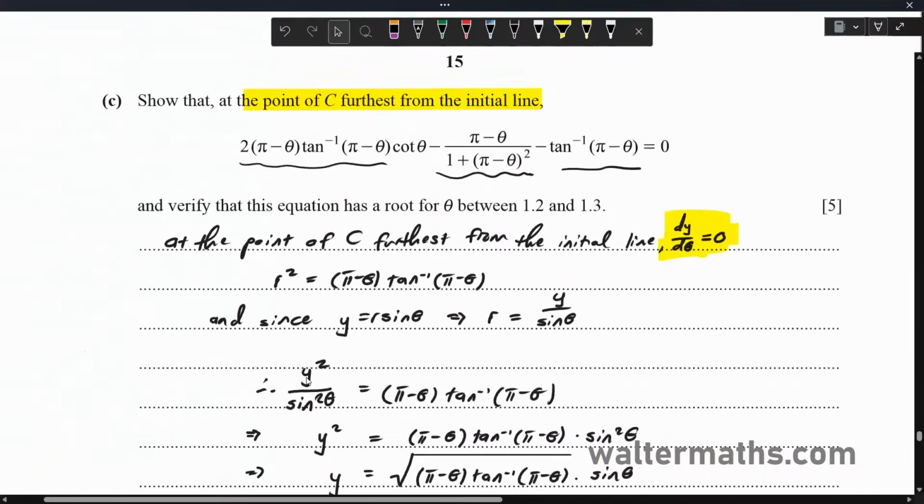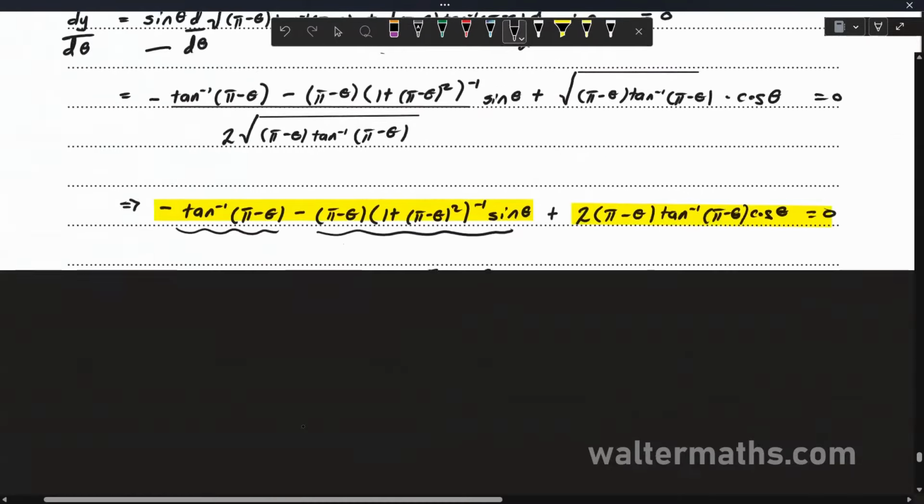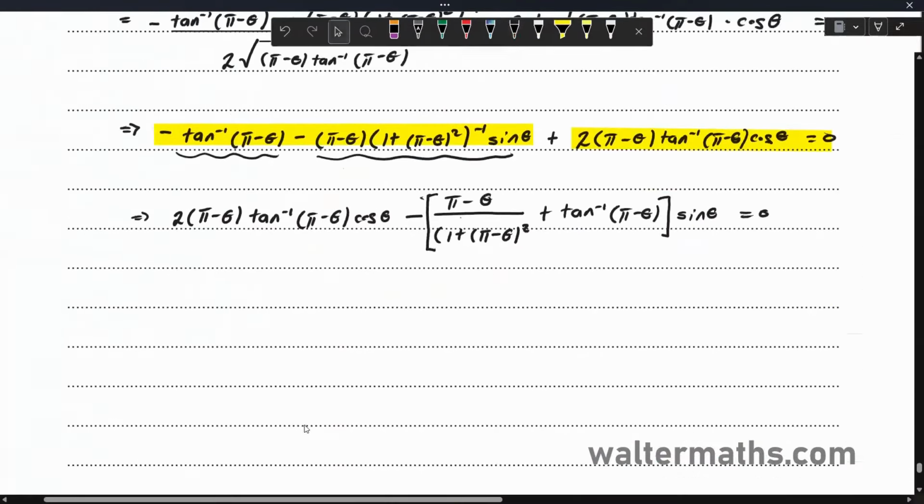And here there's cot. So what we're going to do is divide both sides by sine theta. So we're going to say this thing times 1 over sine theta, here times 1 over sine theta, and on the right side again, times 1 over sine theta.